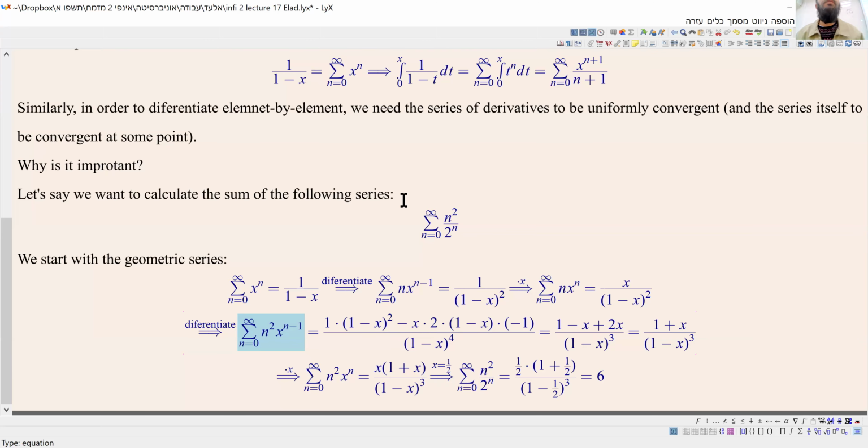If it is uniformly convergent, obviously the derivative has to be as well. We'll see right away that the radius stays the same. It's the same R. So basically, uniform convergence in every segment, but I'll write it down explicitly and formally. That's the main question here: why can we differentiate?